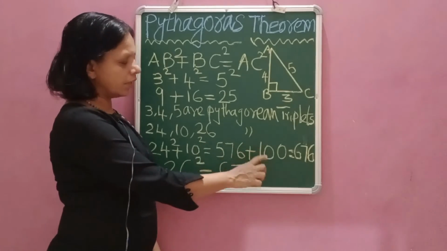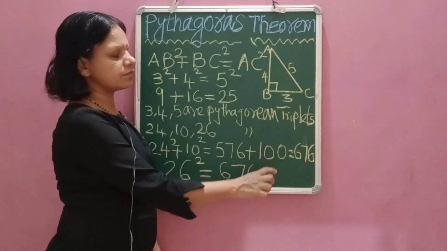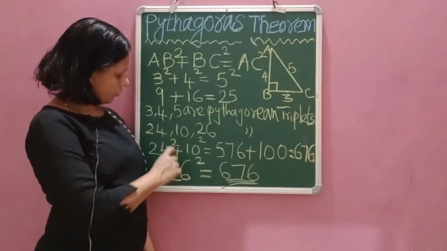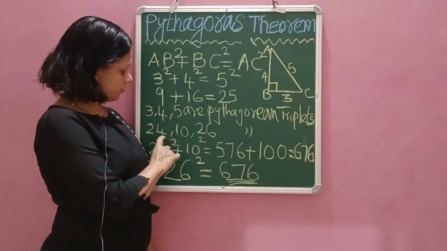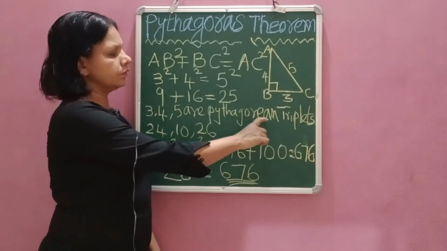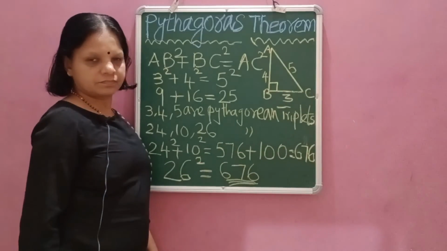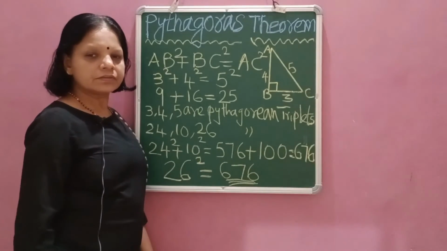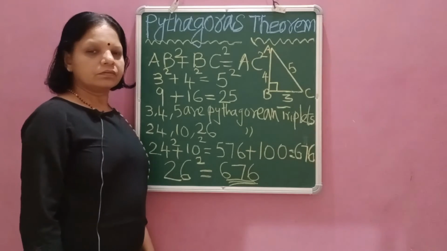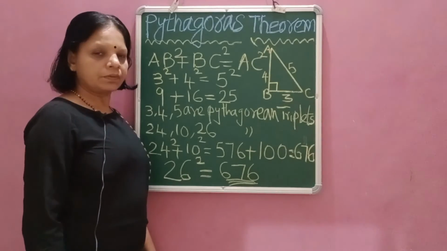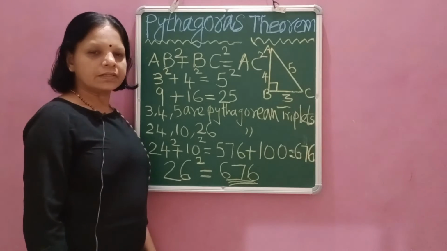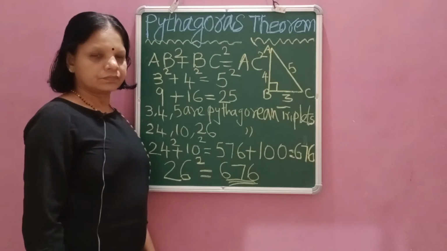Plus 10 square is 100. 576 plus 100 equal to 676. Therefore, we can say that 24, 10 and 26 are Pythagorean triplets. In this way, we can check using Pythagoras theorem whether the given group of three numbers are the sides of right angle triangle.